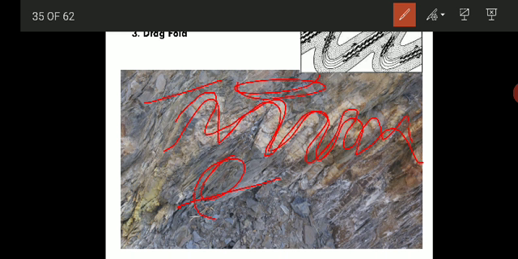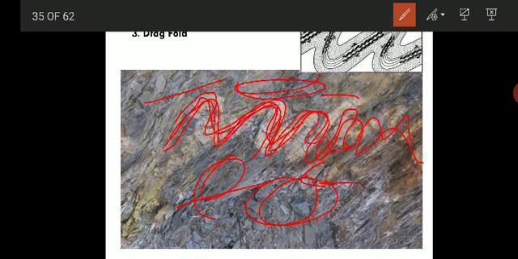The example for an incompetent or weak rock may be shale, and the competent rock may be quartzite or sandstone, which is a strong rock, and this shale is a weak rock. So when tectonic forces act on it, the weaker rock undergoes folding.